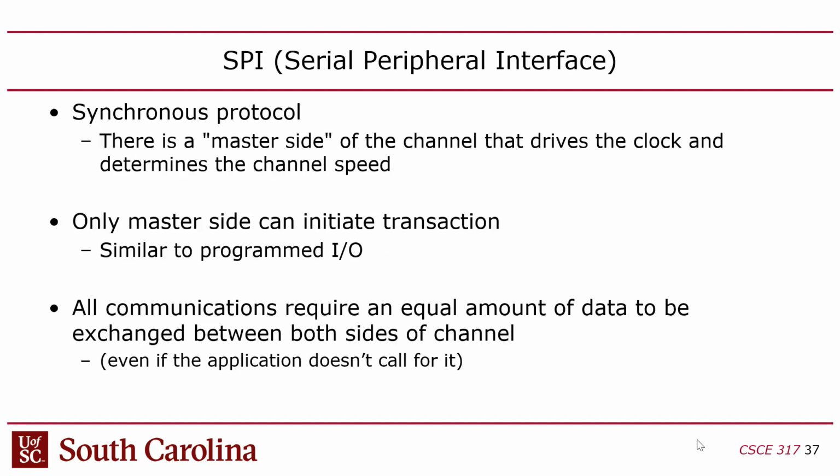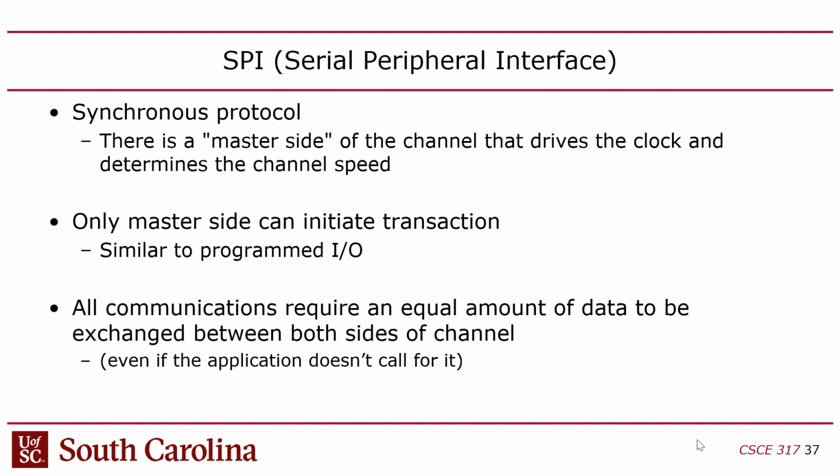With a synchronous protocol, I think this is always the case, whenever you have a clock in the channel, you have to have someone responsible for driving the clock, for putting the clock there and setting it. And generally that's going to be one side of the channel, like a master side that basically represents the CPU side.